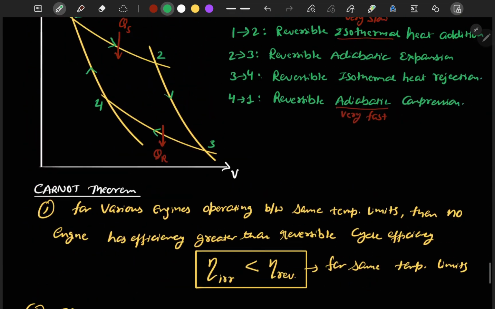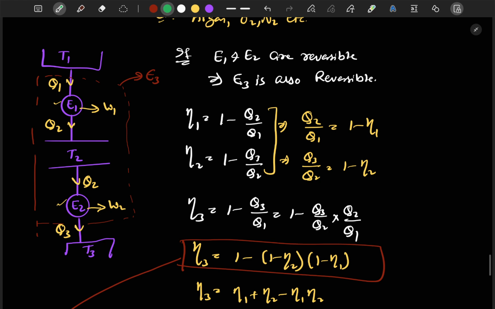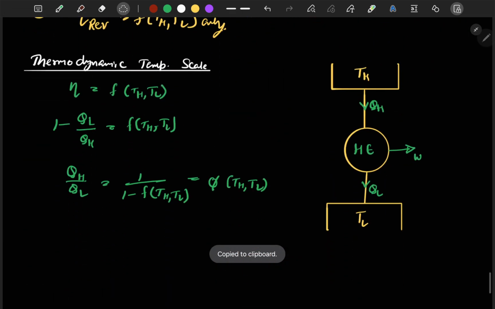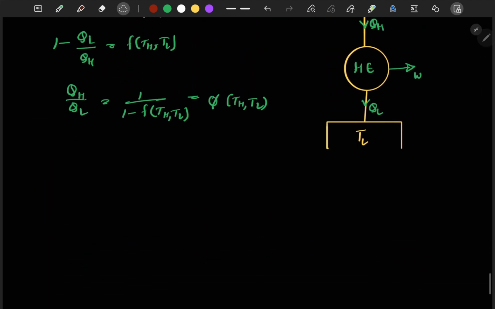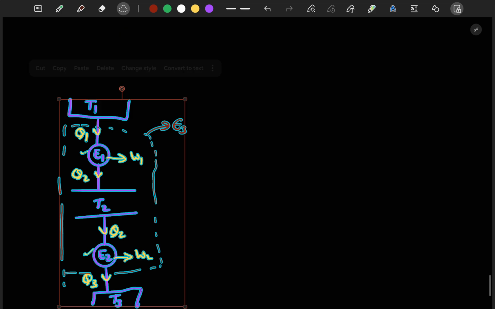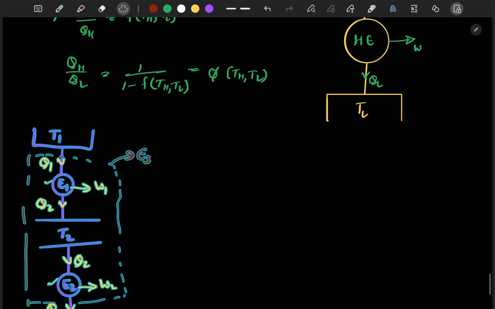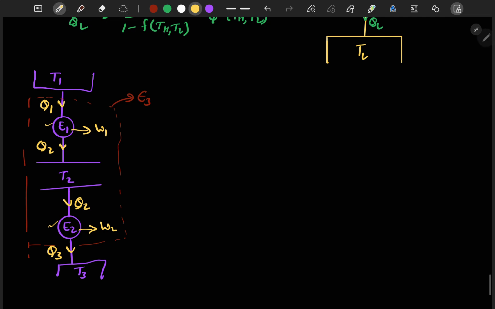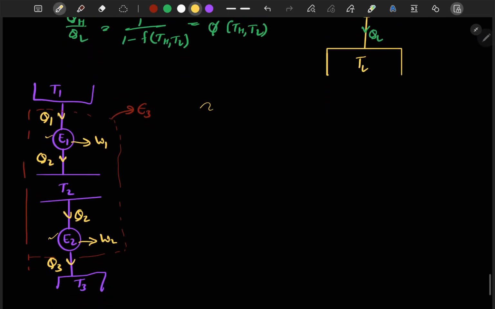So now let's consider this cycle here. We will be using this cycle as an example. From here, using the same analogy, we can write Q1 by Q2 is a function, that is psi of T1 comma T2.